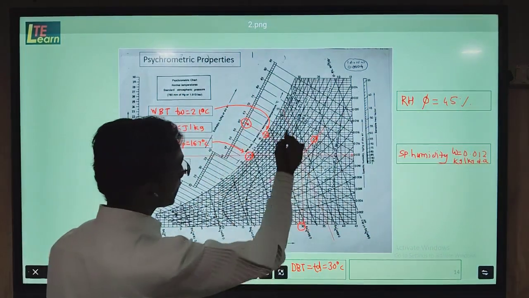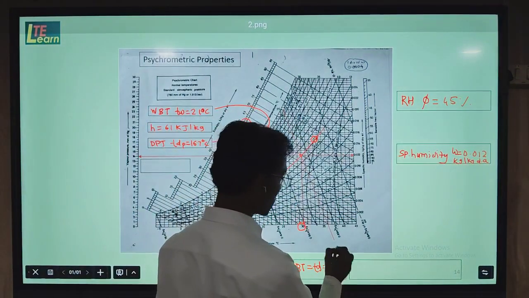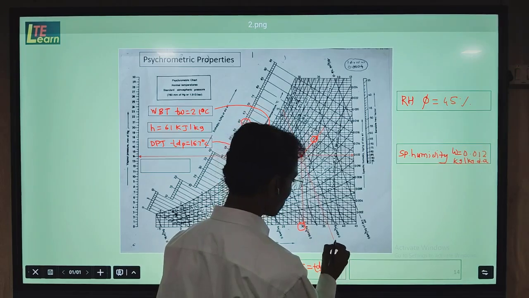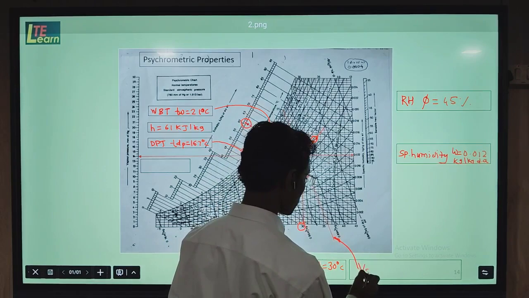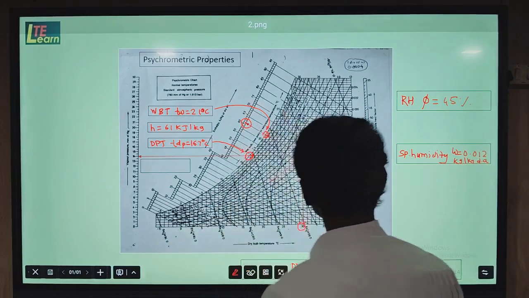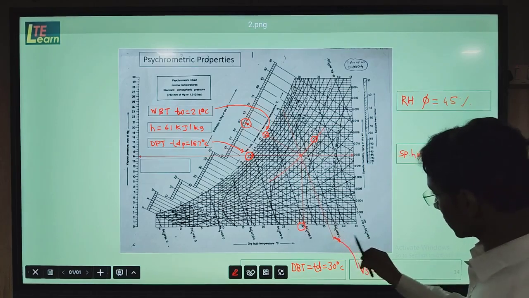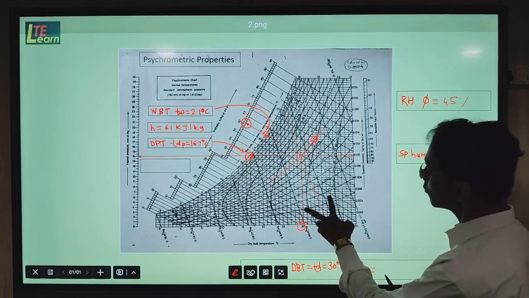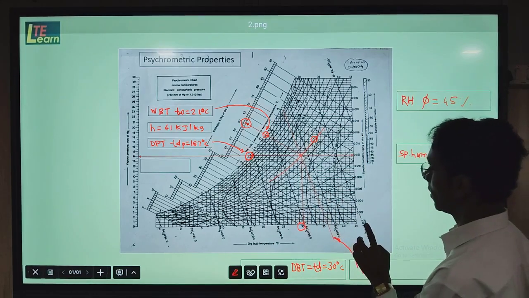Then if you see this cross line, this line is a specific volume line, Vs. To find this value, you have to take reference of the specific volume lines which are on both sides of this line.